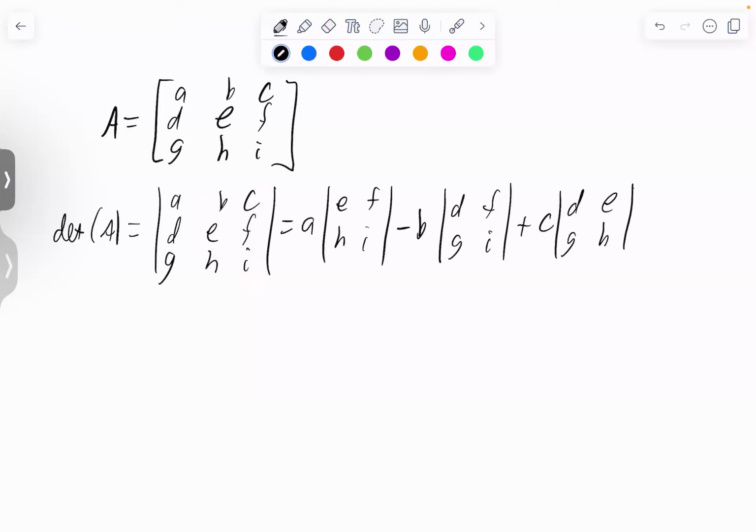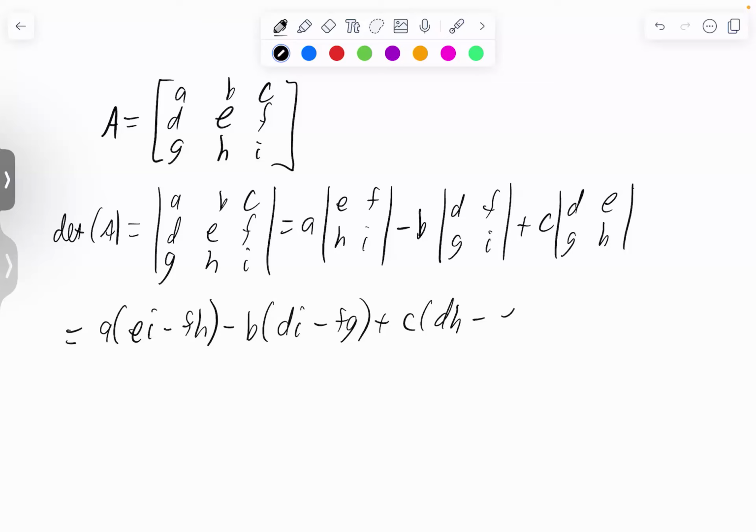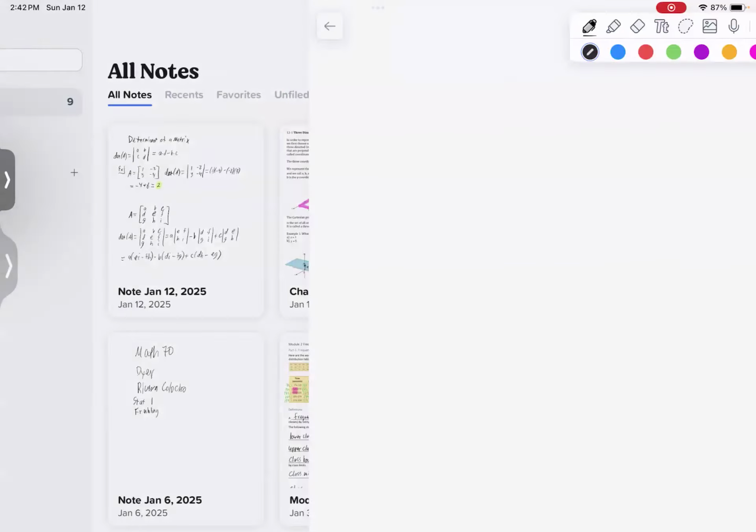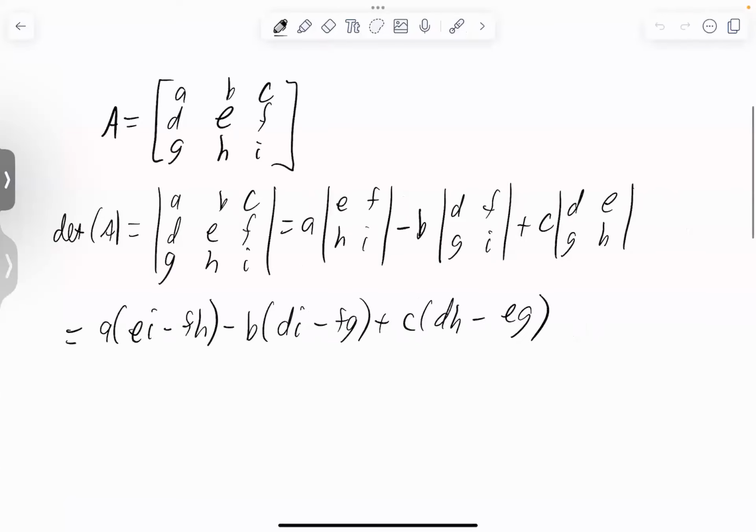So overall, my determinant is going to be A times (E times I minus F times H), minus B, be careful of the minus, times (D times I minus F times G), plus C times (D H minus E G). And you can see we're going to do this process over and over and over again.